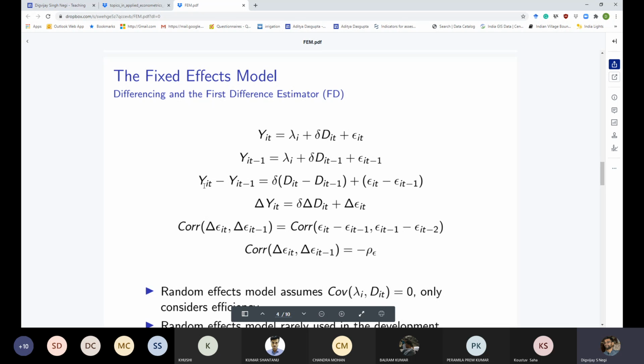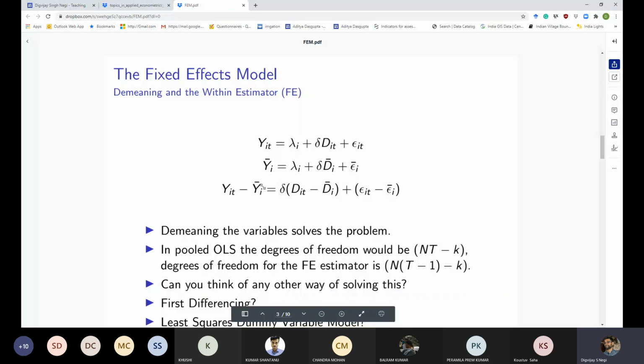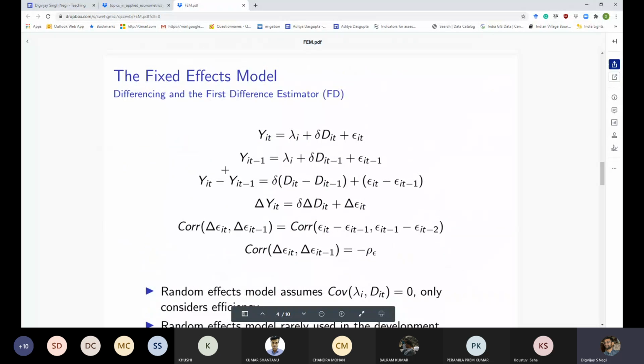So now this is a different transformation, right? Here the transformation was to demean. But in this case, the transformation is to just subtract the one period lag term from the data, so lag and then difference.